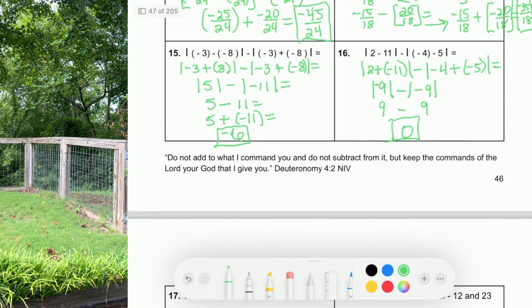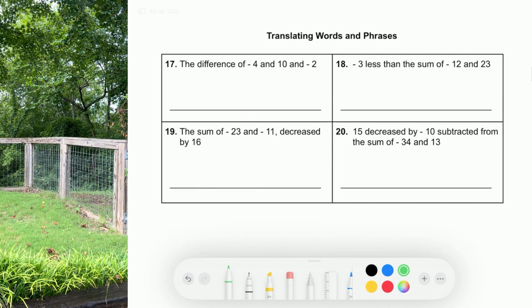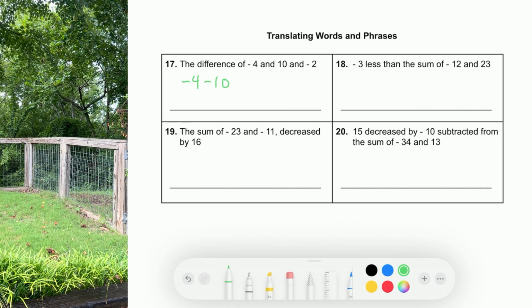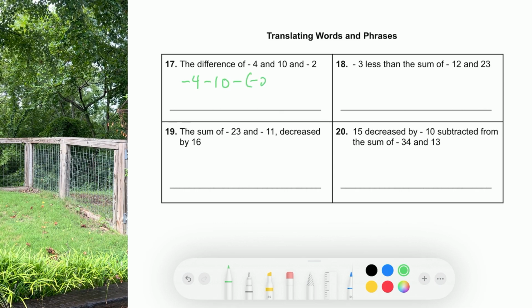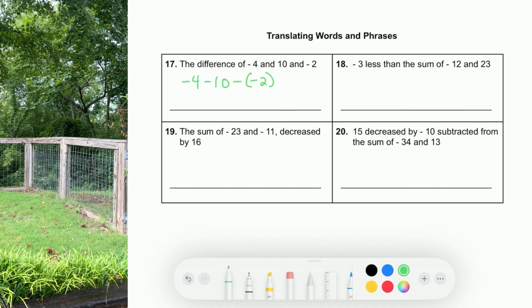All right, let's look at our last few examples of problems. These are translating words and phrases. So the difference of negative 4 and 10 and negative 2. The way we would write that out is negative 4 minus 10 minus negative 2. Let's go ahead and do our keep it, change.